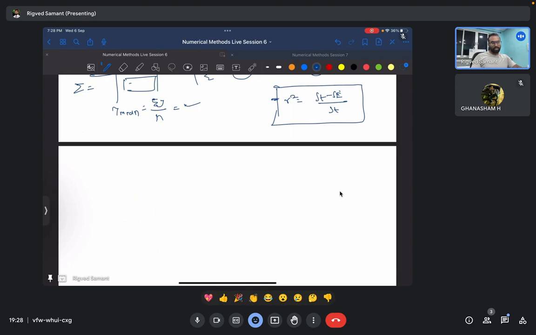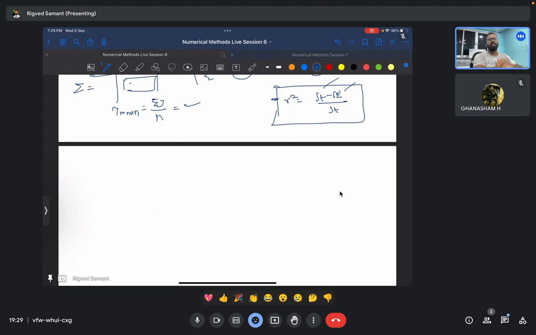So we have SE and ST. If your ST is equal to SE, it basically means that you are putting one model, and you are getting the same value as the model which is given by Y bar, that is the mean value.